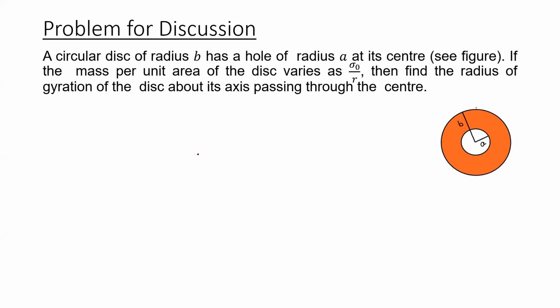Suppose I take a disk and then I rotate about an axis passing through its center of mass. Then what is the moment of inertia if m is the mass and r is the radius? The moment of inertia is mr square by 2.